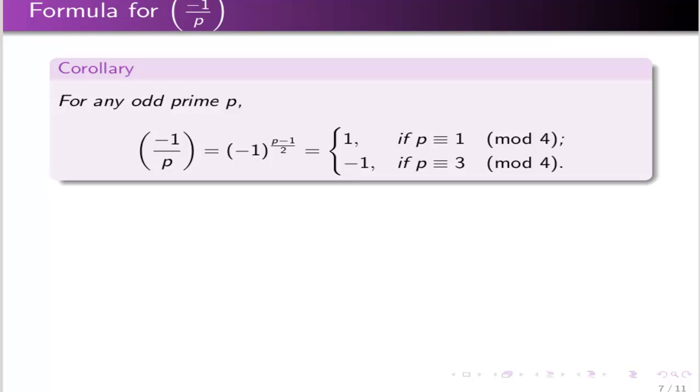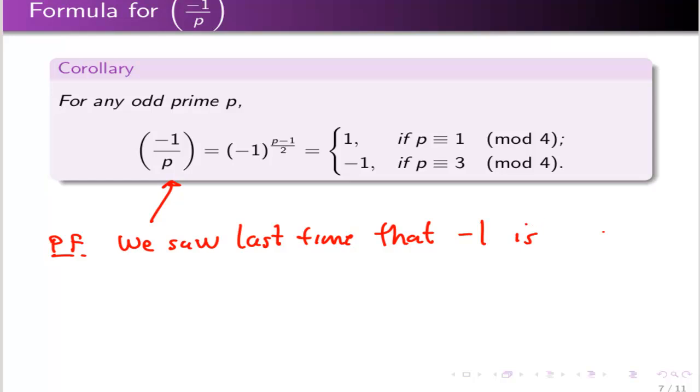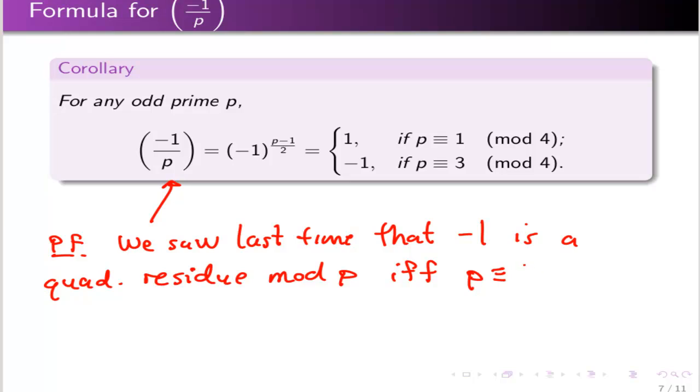Okay, let's repeat the formula we discovered last time for when negative 1 is a quadratic residue. This time I'll use the Legendre symbol. So the proof we saw last time: we saw that negative 1 is a quadratic residue mod p if and only if p is 1 mod 4.